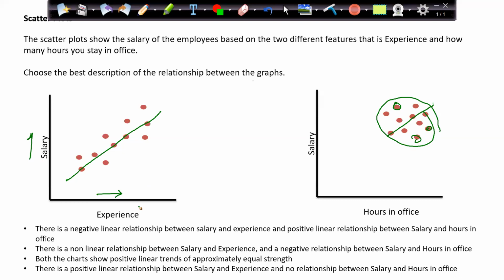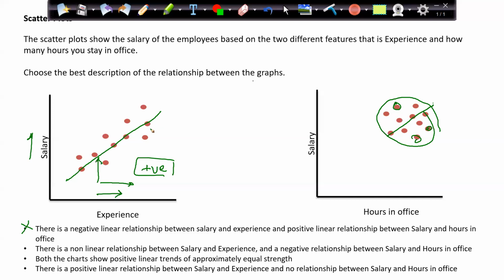So from this understanding, here are the options we have. There is a negative relationship between salary and experience. No, when my experience is increasing, salary is also increasing, so it is not negative, it is positive. That means this option is altogether no. There is no linear relationship between salary and experience.